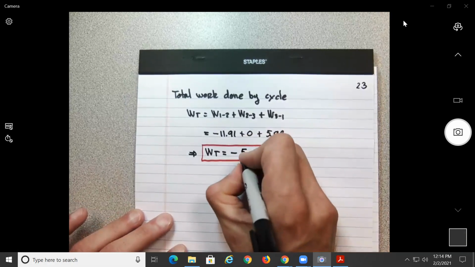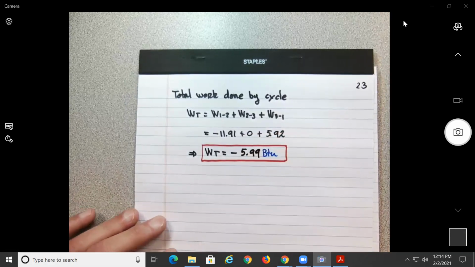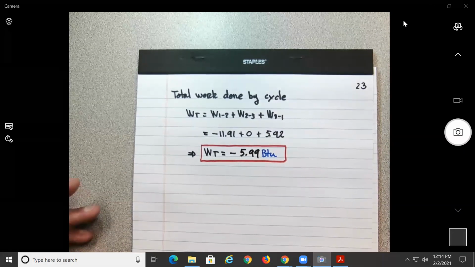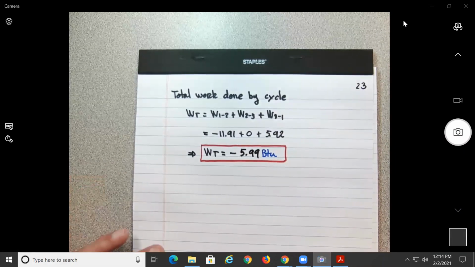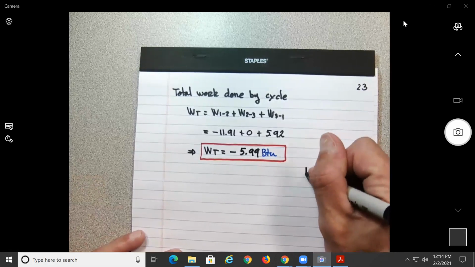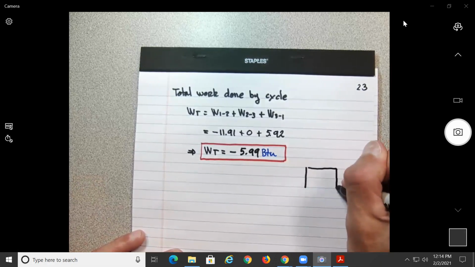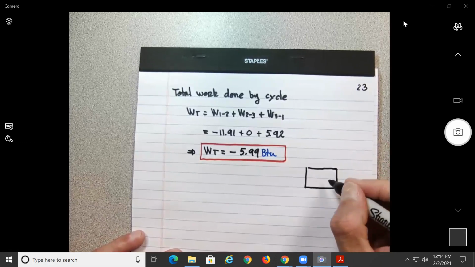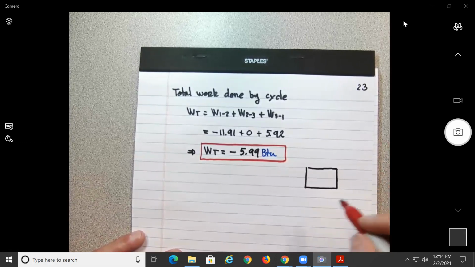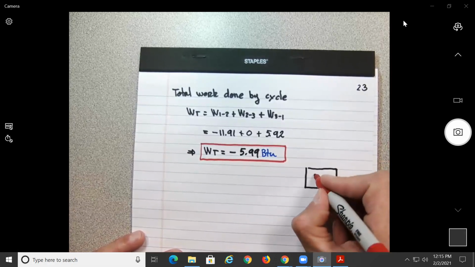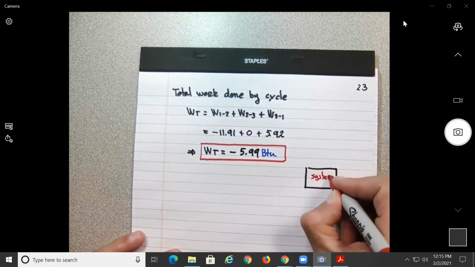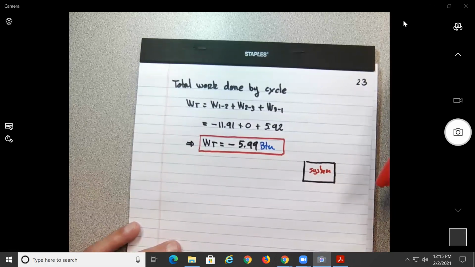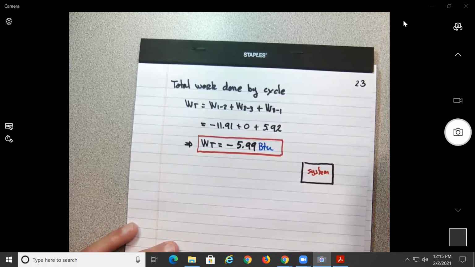5.99, but again, don't care that much about the value. What's interesting here is that if we use the textbook notation, is that work done by the system. So this is, remember, this was our piston cylinder assembly, no? This is our piston. So if the work is negative on the textbook sign convention, what does that mean?